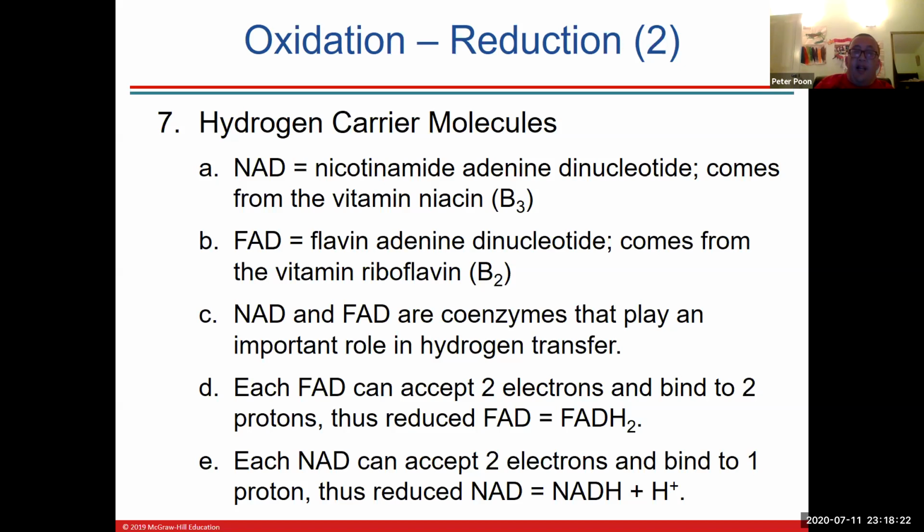NAD and FAD are the oxidized forms. FADH2 and NADH are the reduced forms. So NADH is energetic, NAD is not.